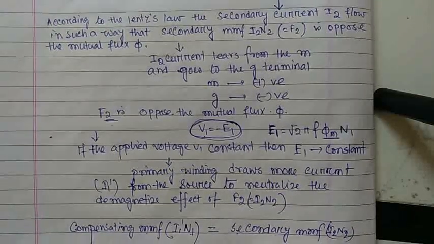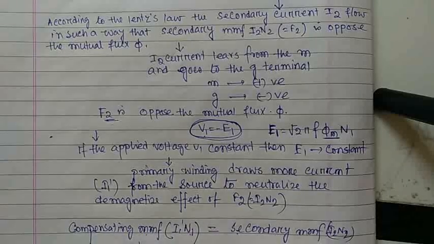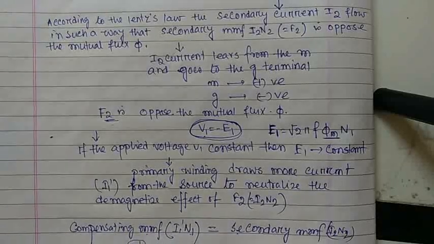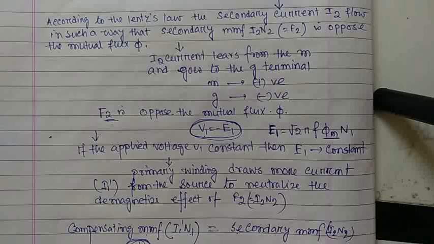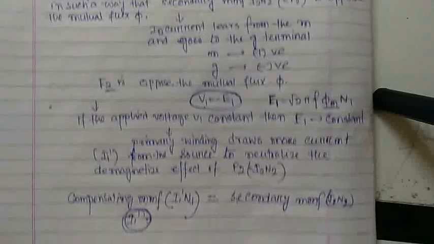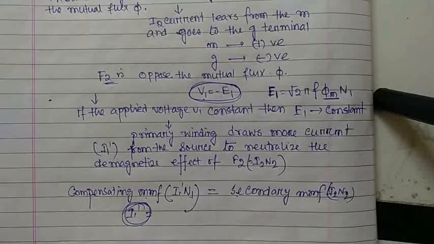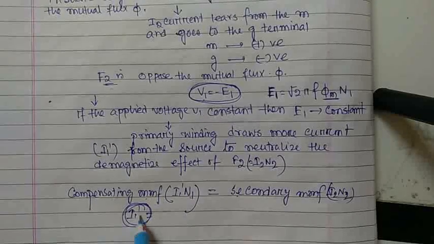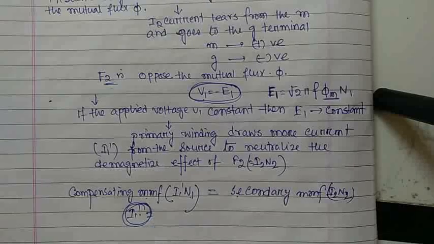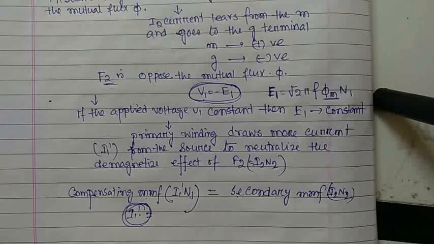So I1 dash is the load component current in the primary when we connect the load in the secondary.